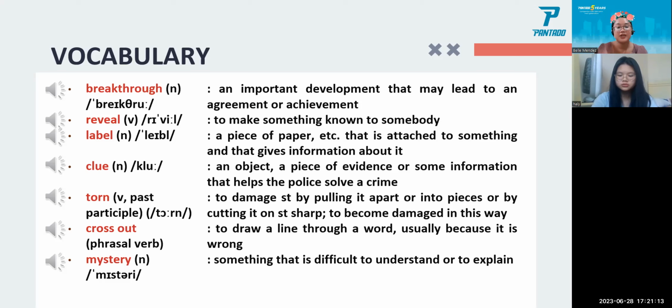Yes. Okay. Now do you understand all the words here, Hallie? Yes. Okay. Can you please use breakthrough in a sentence, please?